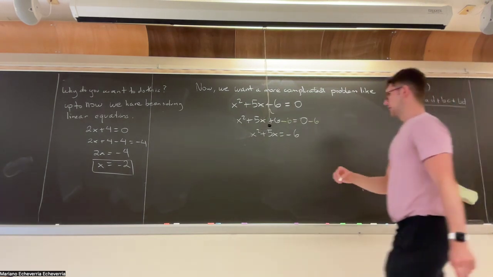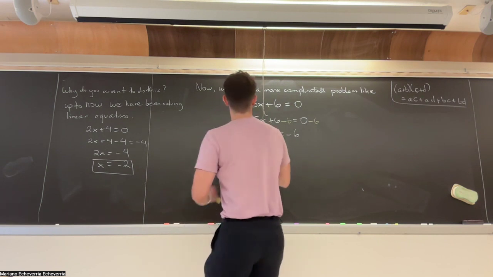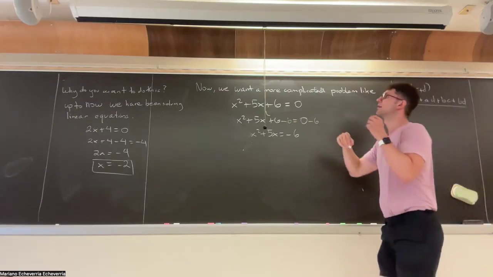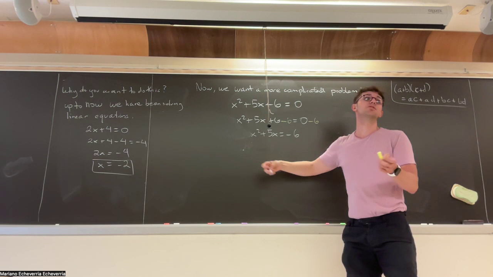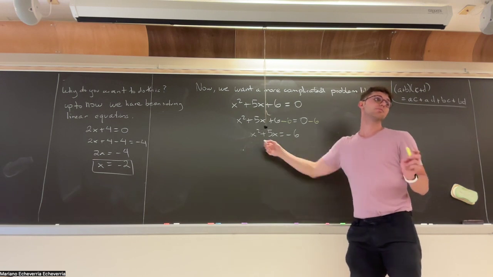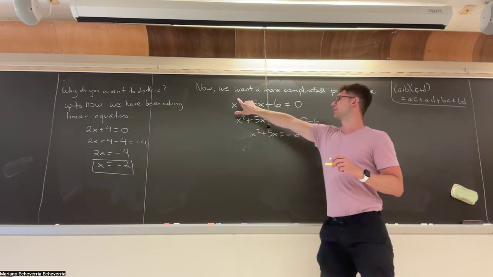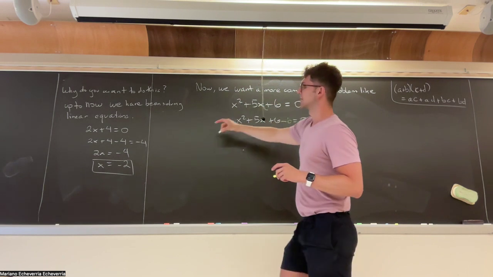And then once you get here, the problem is that this is what makes it a quadratic equation. You don't have just an equation for x, right? You have x squared plus 5x, because this being a quadratic equation, since there's a 2 here, you won't have just a single thing for x.